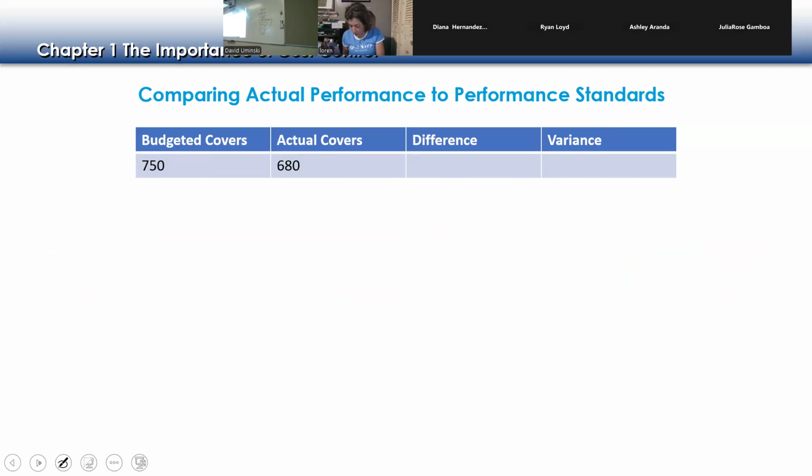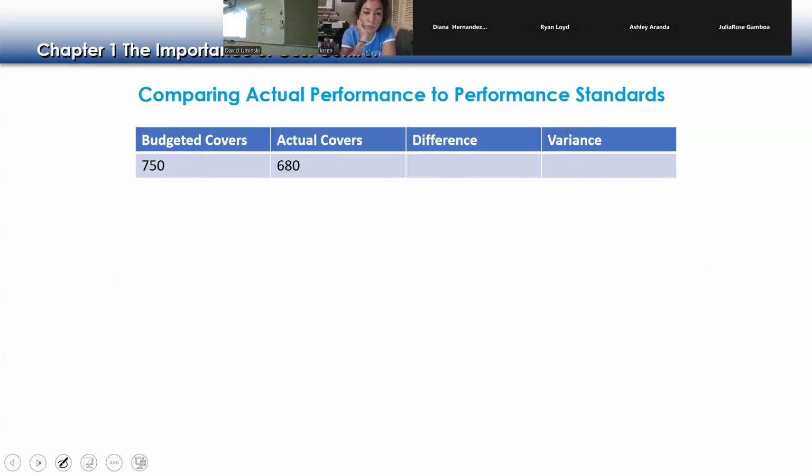Covers. So budget is not always financially related. What are covers? A person, like a ticket. Like their meal. Exactly. Thank you so much. Yeah, it's a person. So basically we had 680 guests.